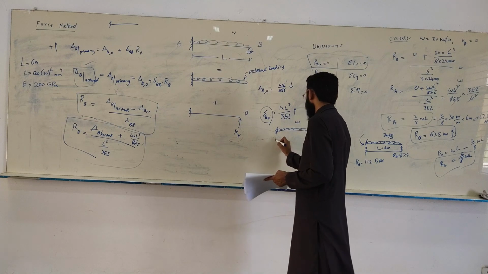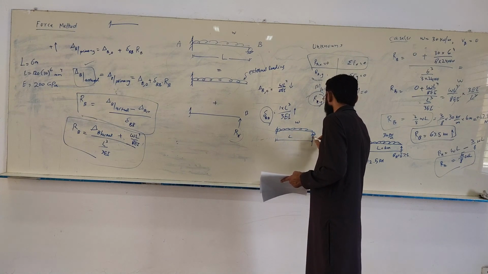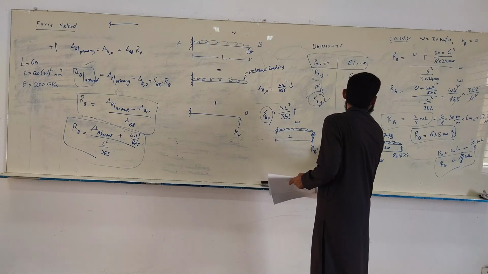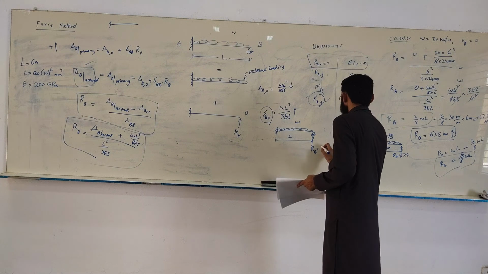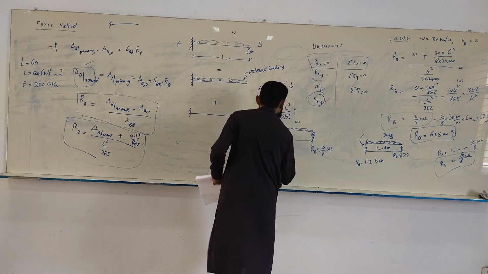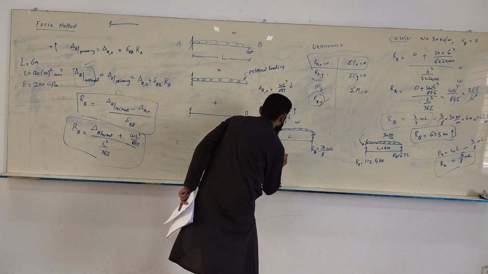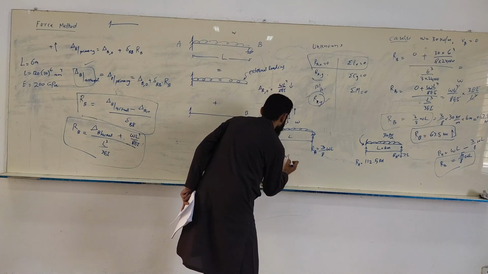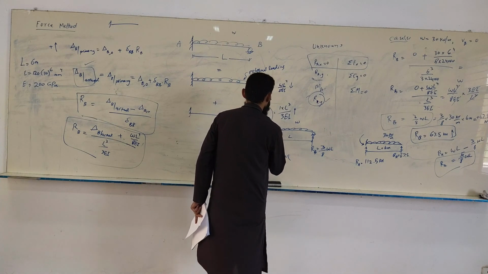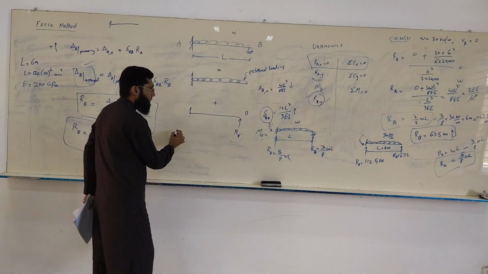W over here, L over here, this is, RB was 3 by 8 WL and RA is how much? 5 by 8 WL and MA would be, can you figure out?